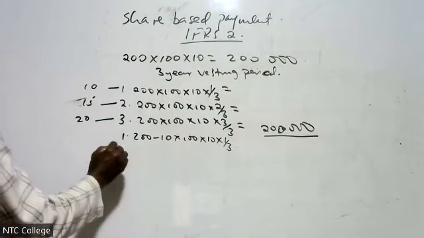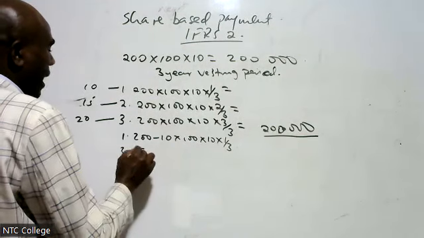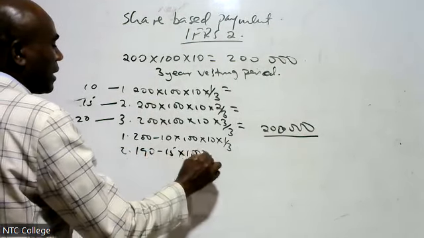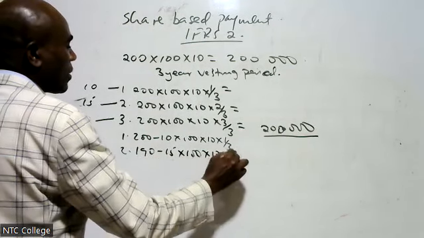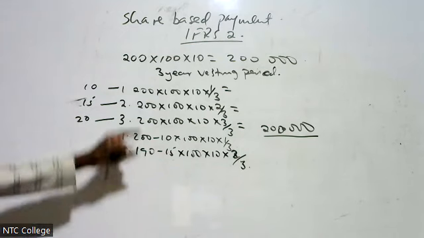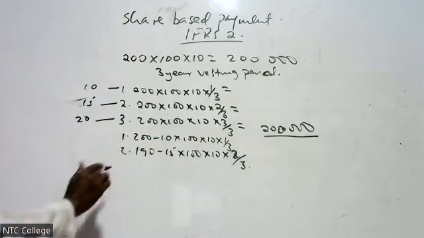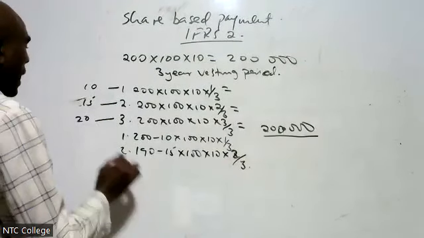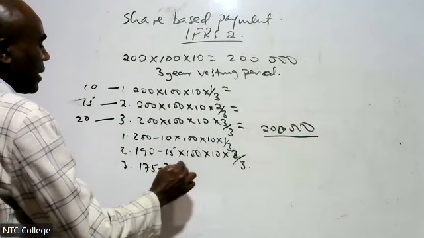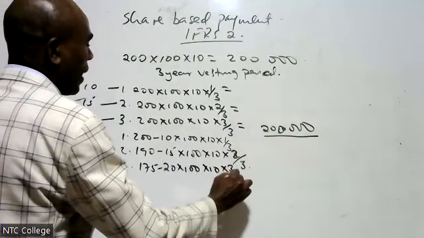Then in year 2, I have 190 minus 15 times 100 times 10 times 2 over 3. Now 15 have left, 10 left in year 1. When I come to year 3, I have 175 minus 20 times 100 times 10 times 3 over 3.